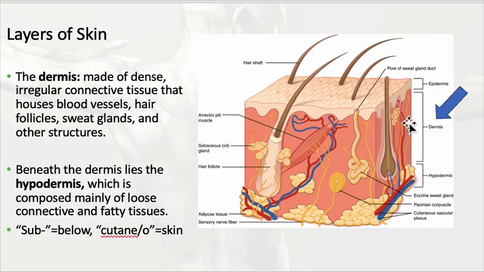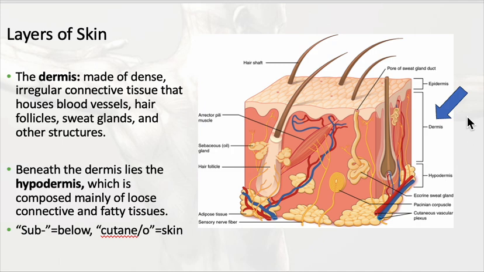So the dermis is really considered the core, if you will, of the integumentary system. We know that derma or dermo is a combining form for skin. And derm, meaning skin, another term is also cutane, right? Cutane also refers to skin.